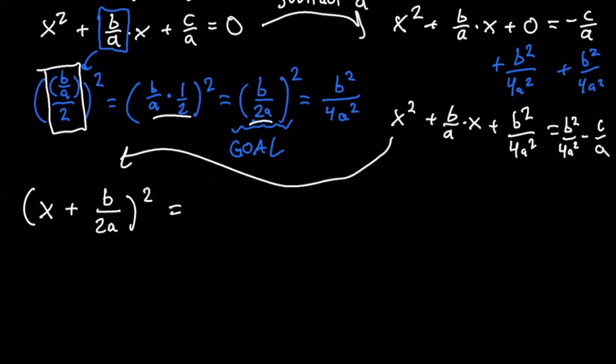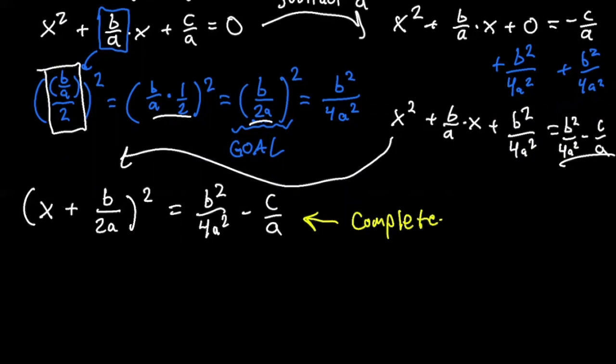So x plus b over 2a squared equals, on the right side, b squared over 4a squared minus c over a. We added b squared over 4a squared to get a perfect square on the left, and we subtracted the c over a to make it easier to complete the square. So we have completed the square.